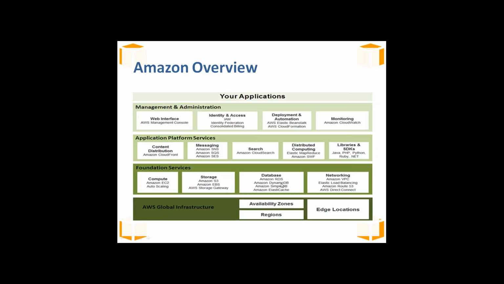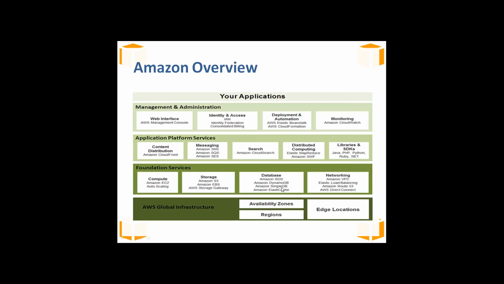Amazon also provides SimpleDB, a managed NoSQL database for smaller data sets. We're going to make use of Amazon SimpleDB in our application for watermarking, which I'm going to show later.